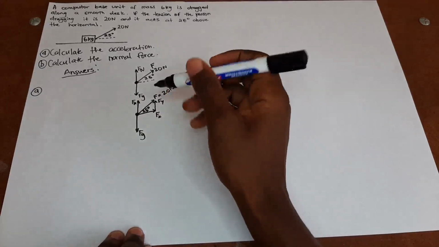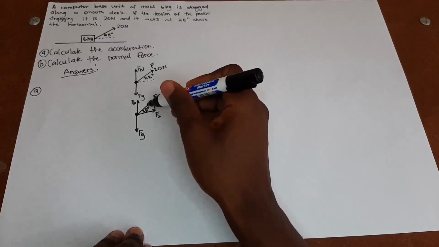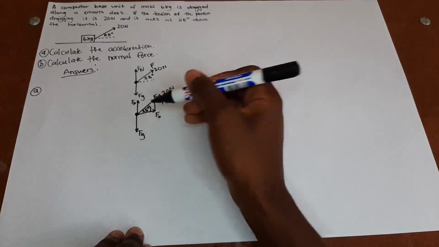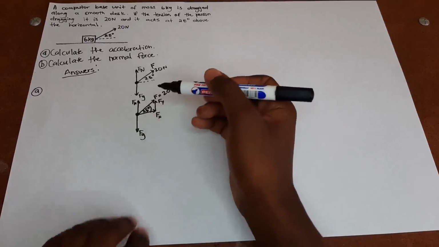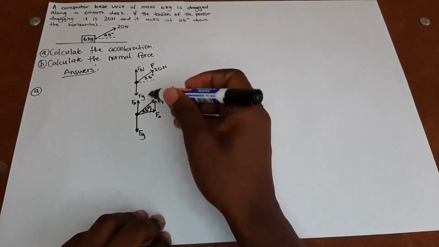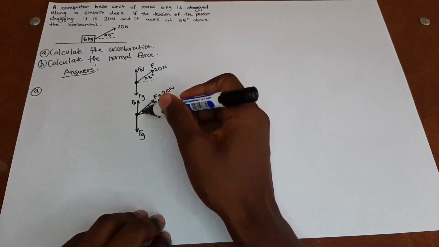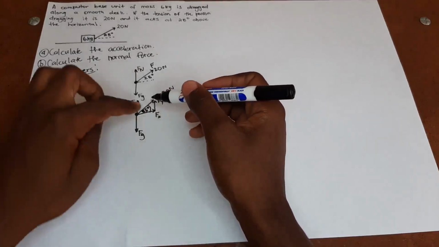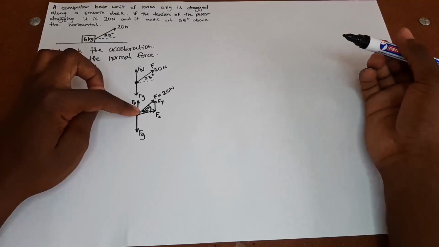So you have your angle here. In order to find all of the sides, you must first consider the angle. This is 25 degrees. This angle is opposite to which side?